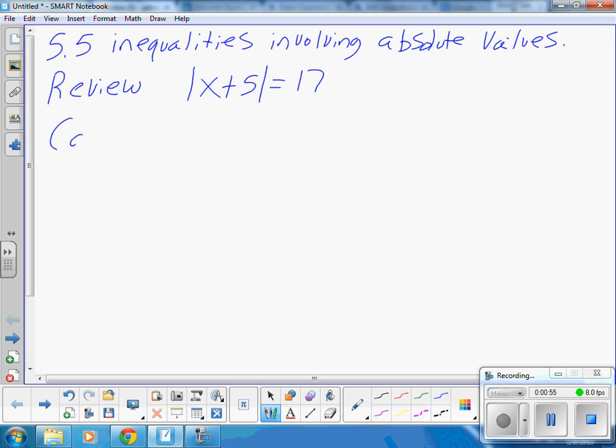Case one is when the part inside of the absolute value is positive.